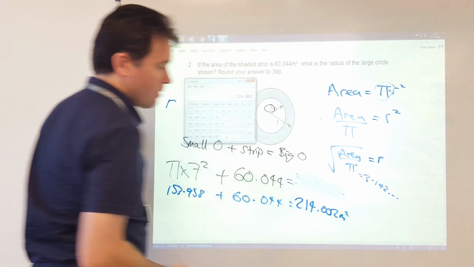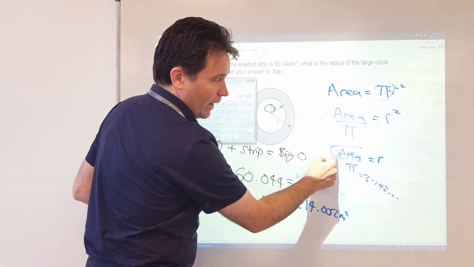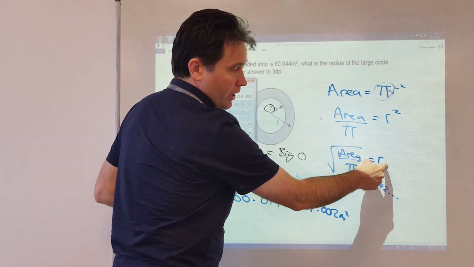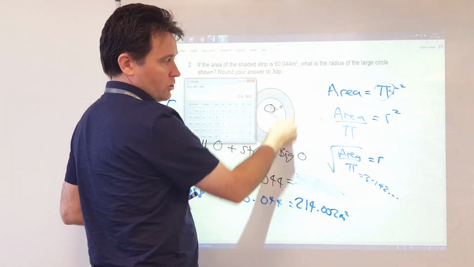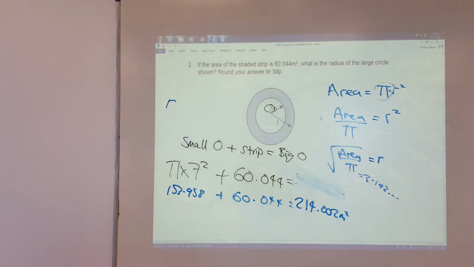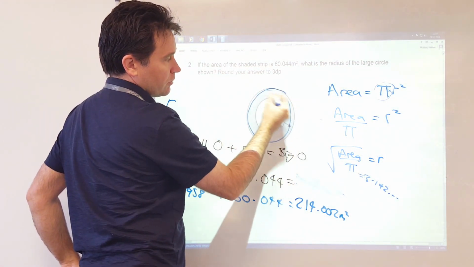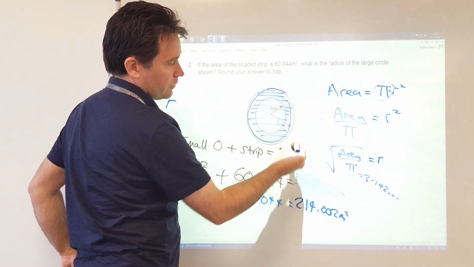metres squared. Remember, we wanted the area to then divide it by pi to get the radius of that outer circle. So what we've effectively done is we've managed to get the total area of this big circle, which is that.